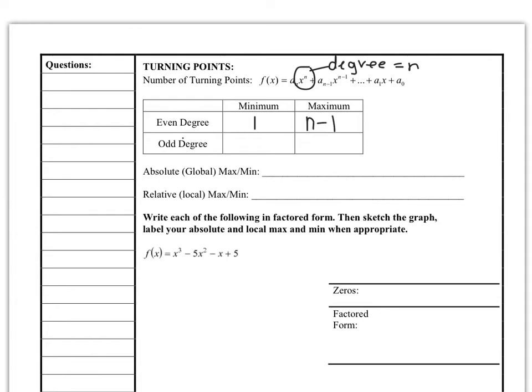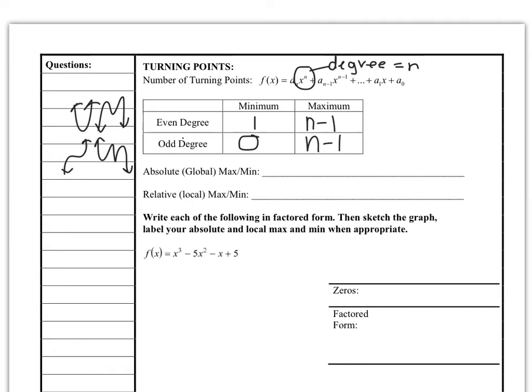And remember that even looks something like this or like this. It could have 1 turning point at minimum and a maximum of n minus 1. Whereas an odd degree shoots off in opposite directions no matter how many times it changes from increasing to decreasing. But it has a minimum of 0 because it doesn't have to have any turning points, and then, of course, maximum, again, of n minus 1.